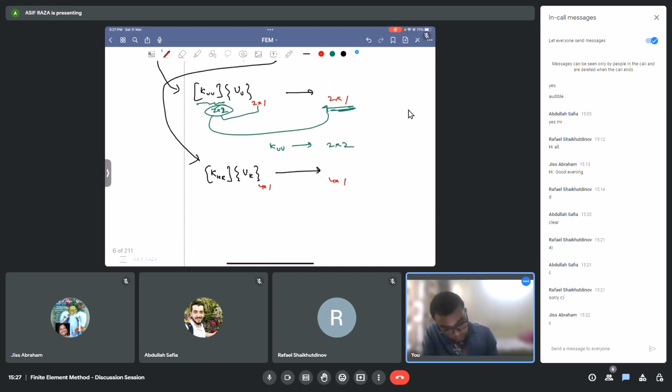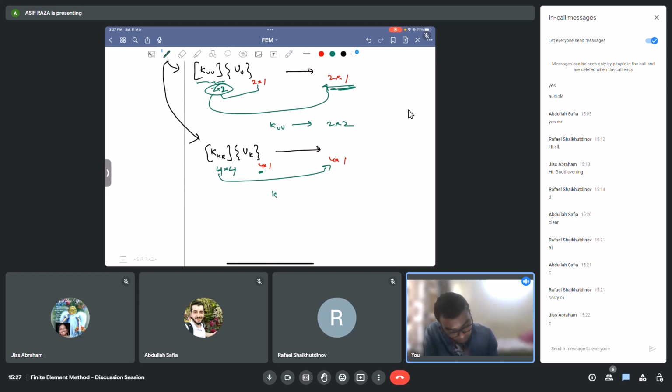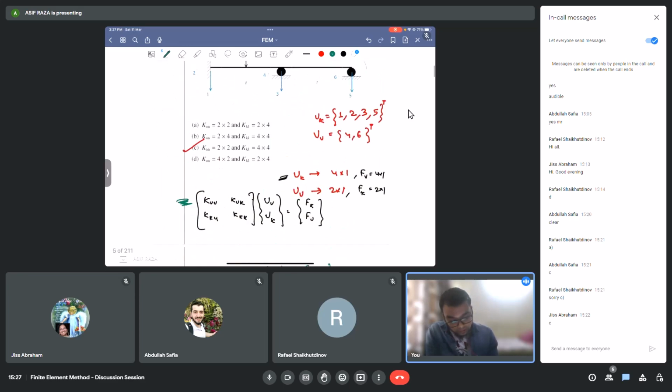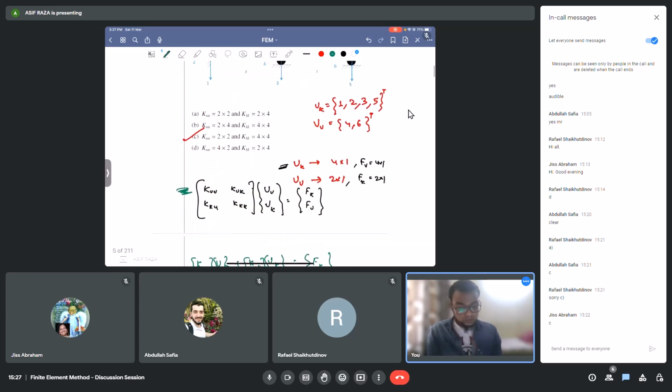So the first thing should match with this, so that will give me 4, and second to get contracted it should match with this, so this will be 4. So this gives me K_kk will be 4 by 4. Okay, so with that my answer is option C.